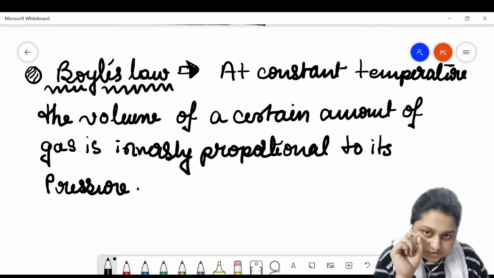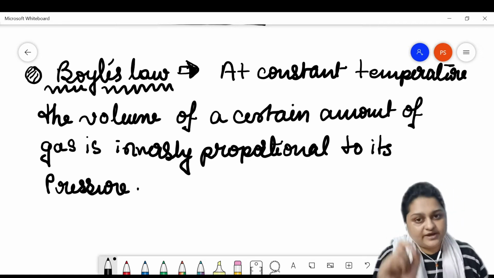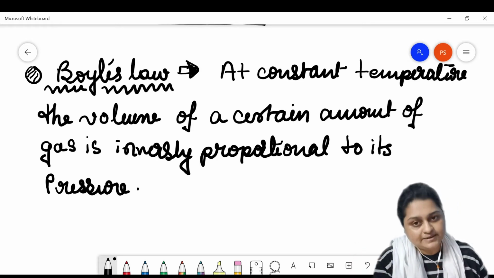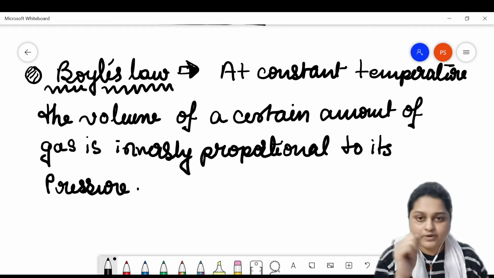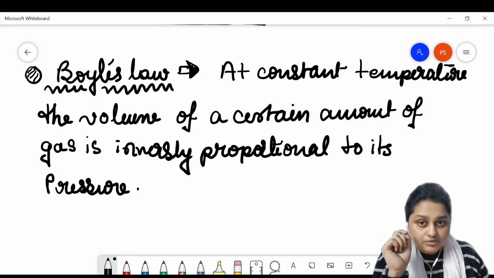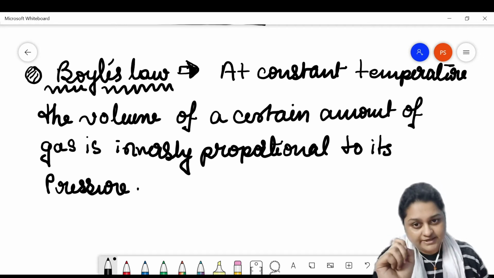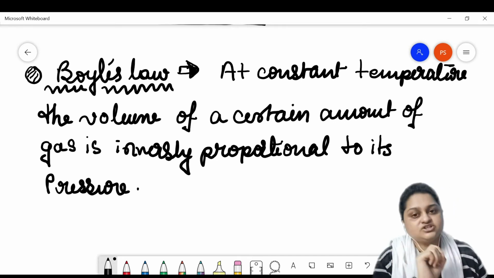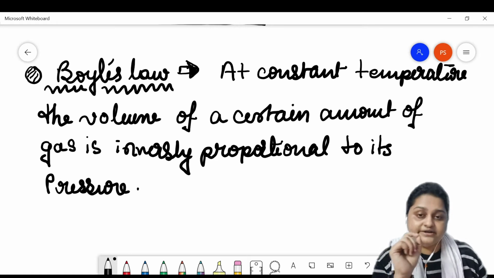When we study two parameters of a gas, we need to keep the remaining two parameters constant, that is temperature and number of moles. That's why during the study of Boyle's law, constant temperature is taken and the number of moles is constant. Saying that the number of moles is constant means a closed container.